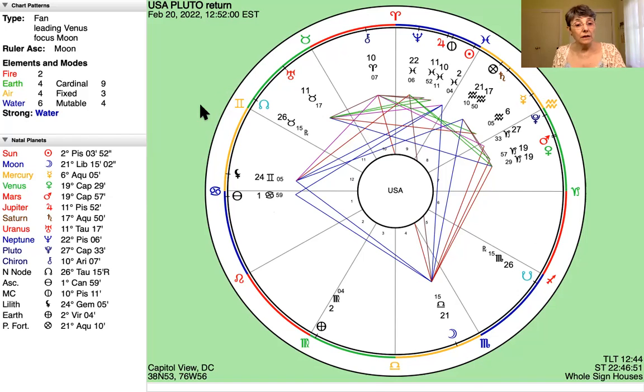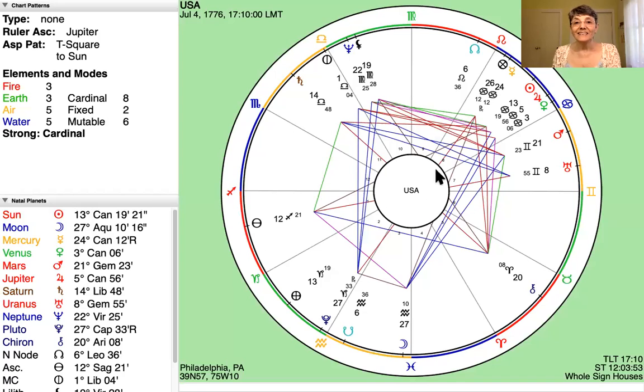So now let's see, now I will, if I can, just a minute, please. So now what I'm showing you here is the natal USA chart. Here we have, it's also very cardinal and water.